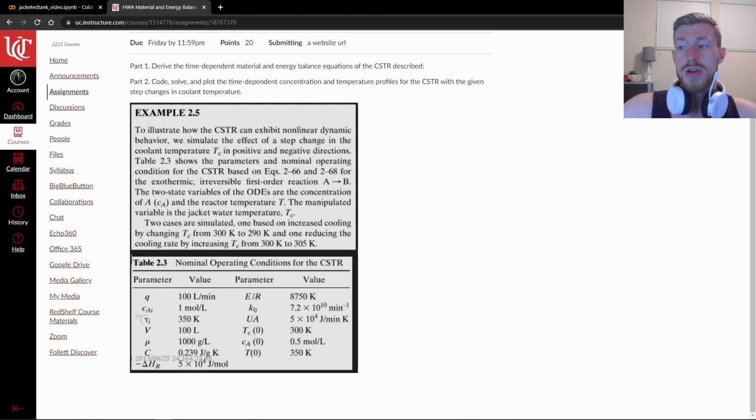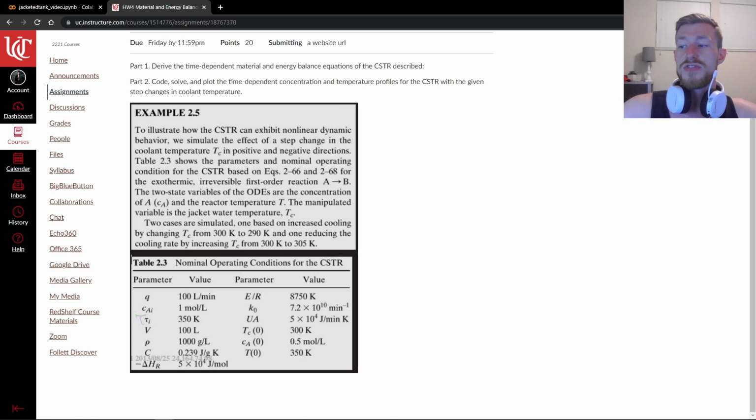These changes to TC become TC0, because the moment we start recording our graph will be the moment that it changes the temperature of that coolant. So we're not going to write 300 Kelvin down, but it's good to know that that's technically what's happening at a negative time, previous to 0, at the point where we switch the temperature of the coolant.